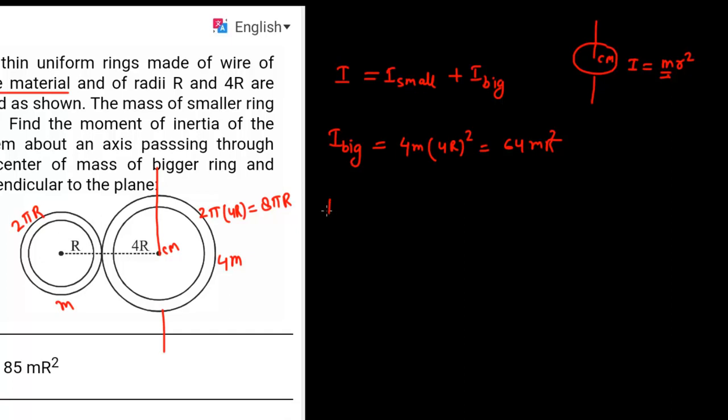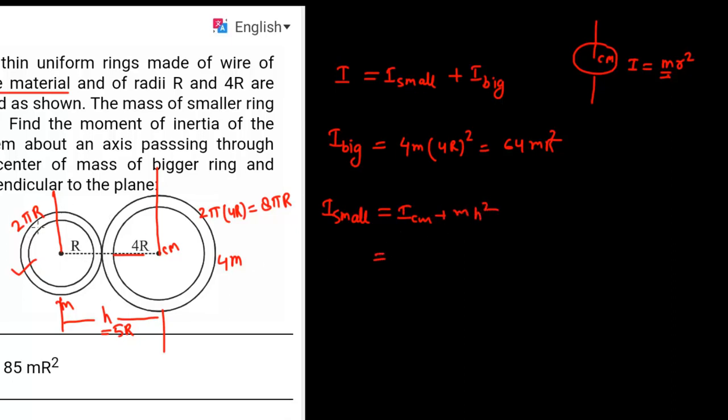Now for I small, I mean the moment of inertia of this ring about this axis, I am going to use the parallel axis theorem. This is the axis, and this is h equal to 4r plus r, that is 5r. So I am going to use I CM plus m h square.